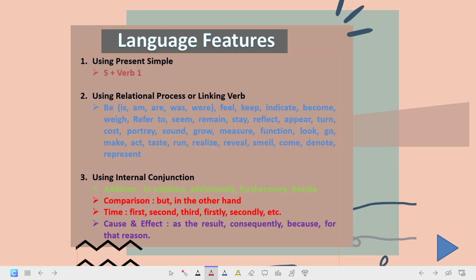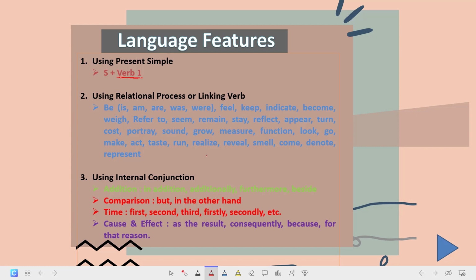Present simple is indicated by the use of verb 1, while relational process is related to verbs that describe a condition of a participant or indicate belonging. And it is also related to the linking verb. We have be, like is, am, are, was, were, and other verbs like feel, keep, indicate, become, refer to, and so forth.